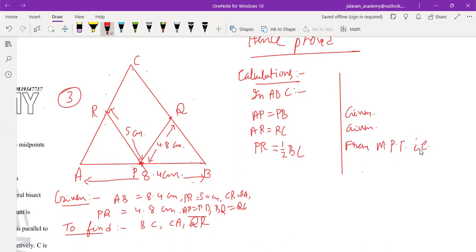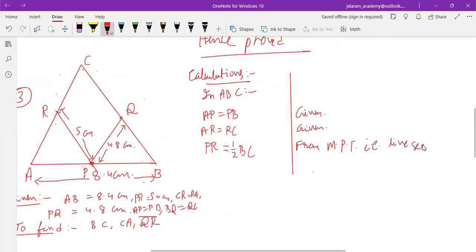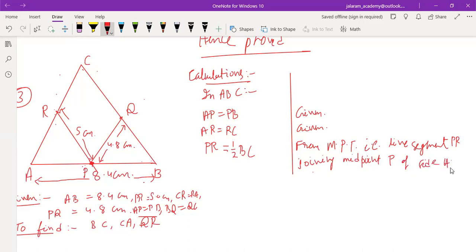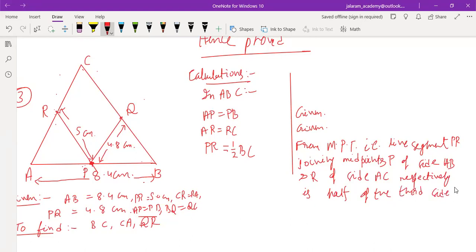That is, line segment PR joining midpoint P of side AB and midpoint R of side AC, respectively, is half of the third side BC.